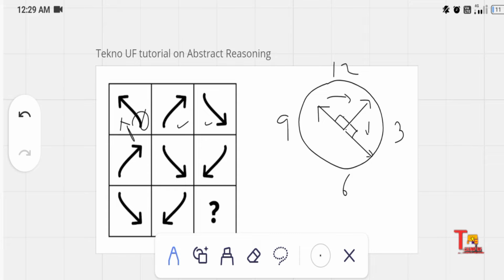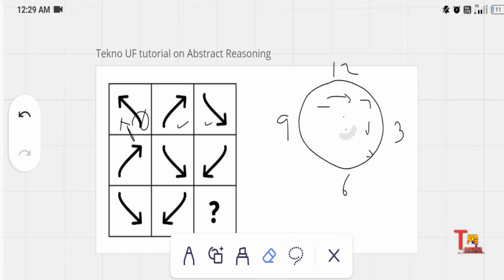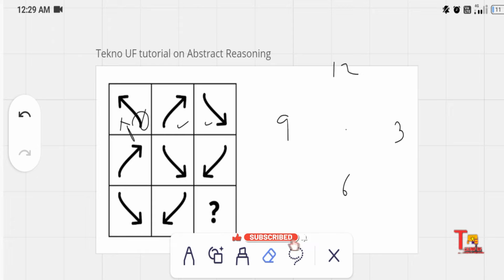Let's see if it maintains the same logic or not. I hope it will obviously maintain the same logic, because this is a rule that if any row maintains one logic, the same logic should be there in the third as well, right?